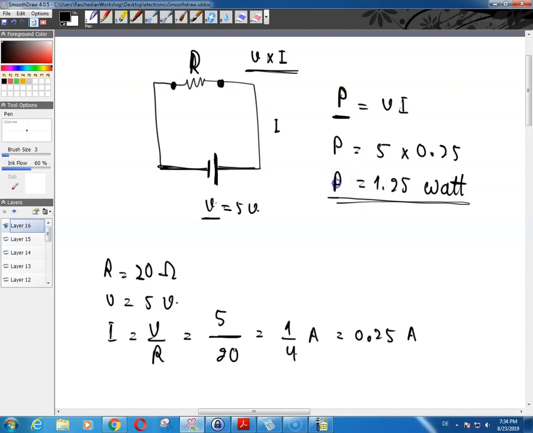So the power over here, this stands for power. So the power dissipated over here is 1.25 watts.